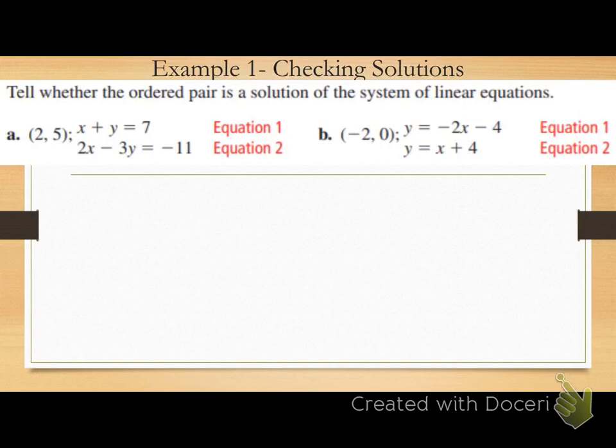Example 1 wants us to tell whether the ordered pair is a solution of the system of linear equations or not. Letter A gives us the ordered pair (2, 5), and then it gives us a system of equations: x plus y equals 7, 2x minus 3y equals negative 11. It wants us to check to see if (2, 5) is a solution of this system. Any ideas how I'm going to do that?